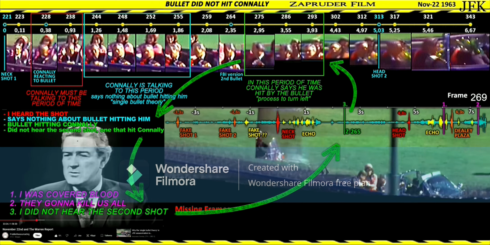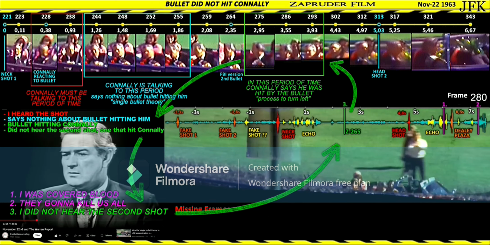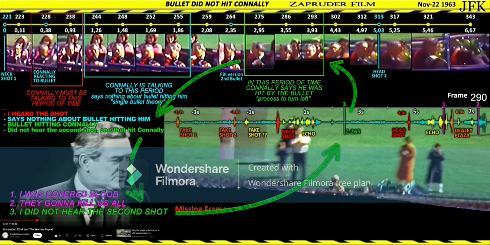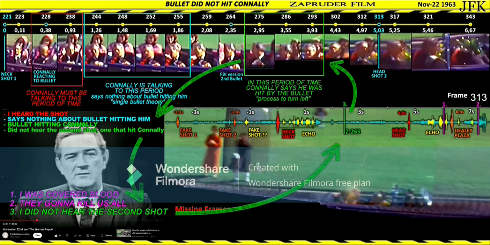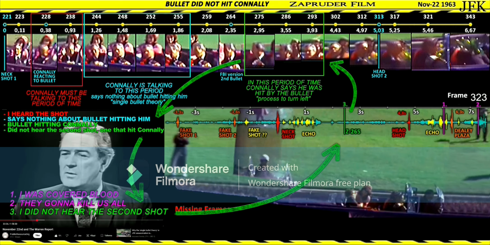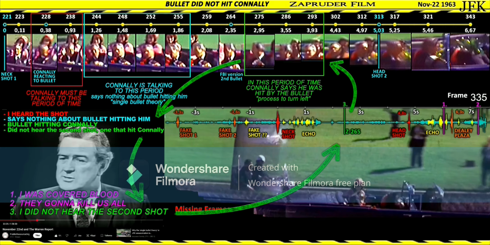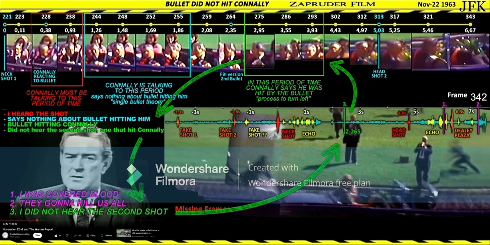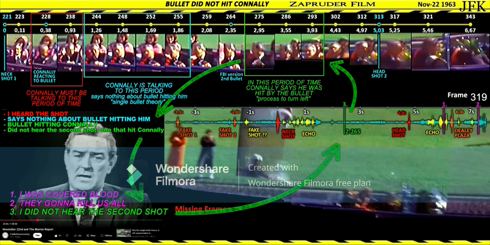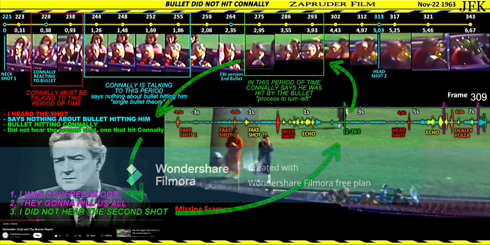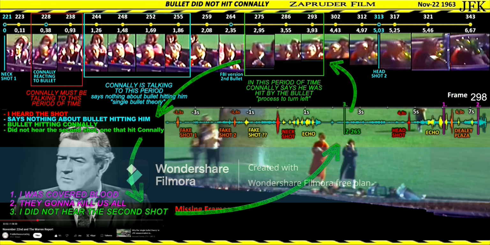I had time to turn, to try to see what had happened. I was in the process of turning again before I felt the impact of a bullet. Now, obviously, the bullet that hit me, I could not hear it. I was never conscious of the sound of the second bullet at all. I never heard the second bullet. After I said, my God, they're going to kill us all, I, of course, didn't know that they'd actually hit the president, because I had not seen him. He had not said a word.